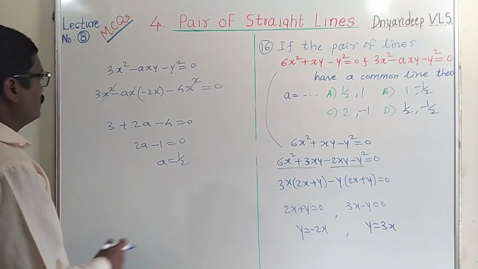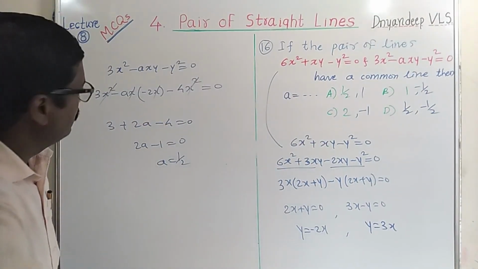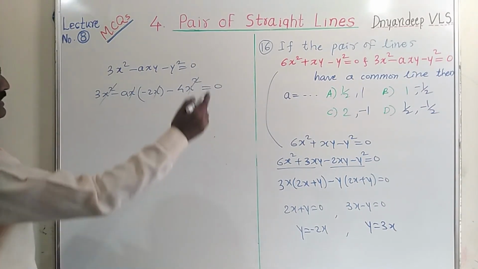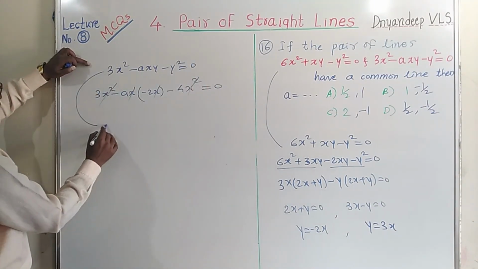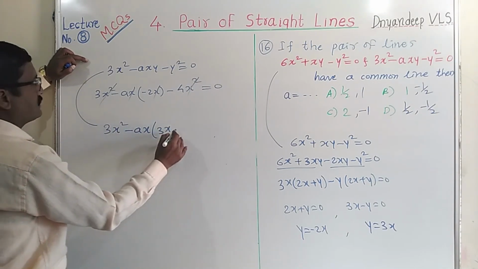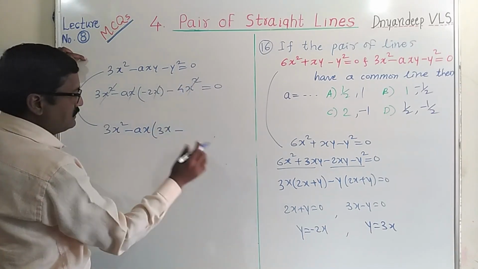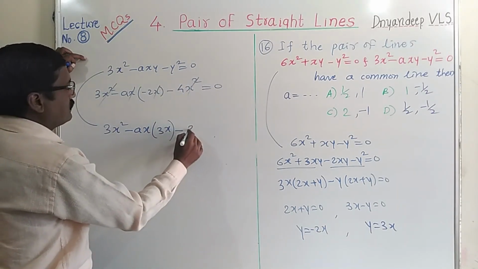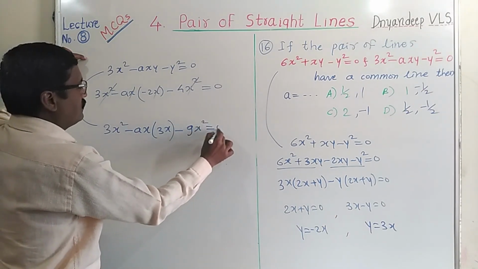If we put y equal to 3x in this equation, then this equation becomes 3x square minus ax into 3x minus y, which is 3x, so it is 9x square equal to 0.